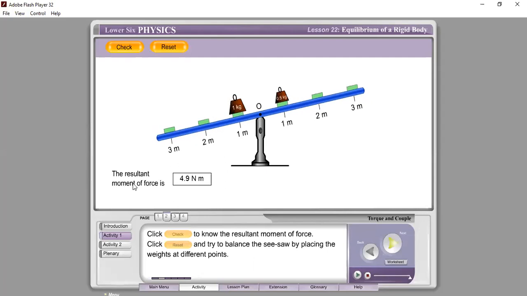So from here, there will be a resultant moment of force, resultant torque, that is 4.9 Newton meter.